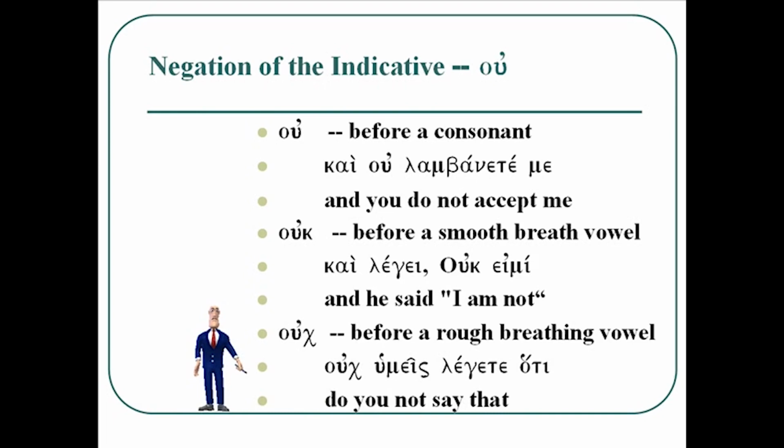So it's ouch humeis legete hoti. Do you not say? And ouch with a chi is used because it comes before the upsilon that has a rough breathing. So three forms of ou, ouk, and ouch. One with a kappa, one with a chi. Rough breathing forces it up to a chi, similar to what we've seen in the vowel droppings at the end of the prepositions.